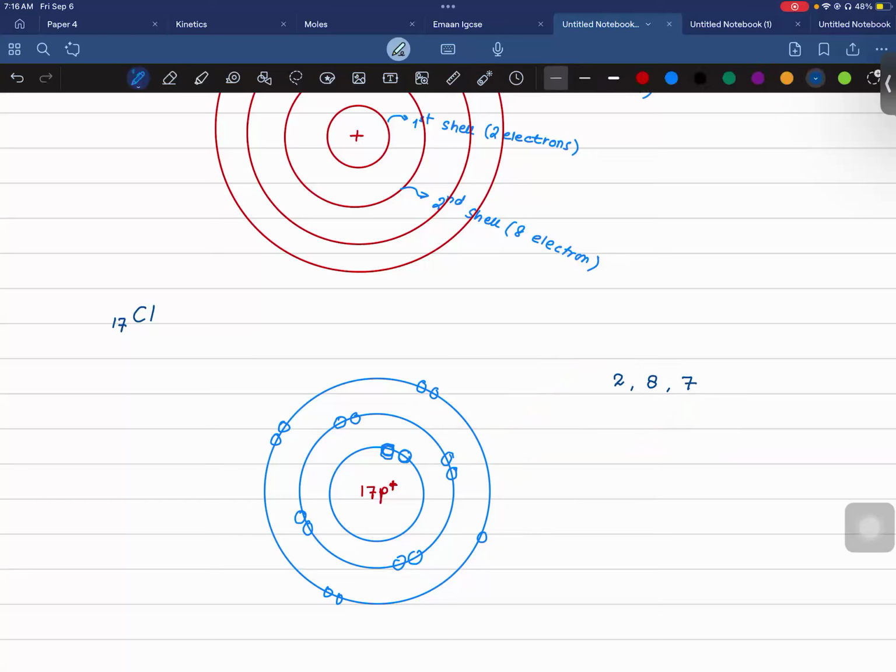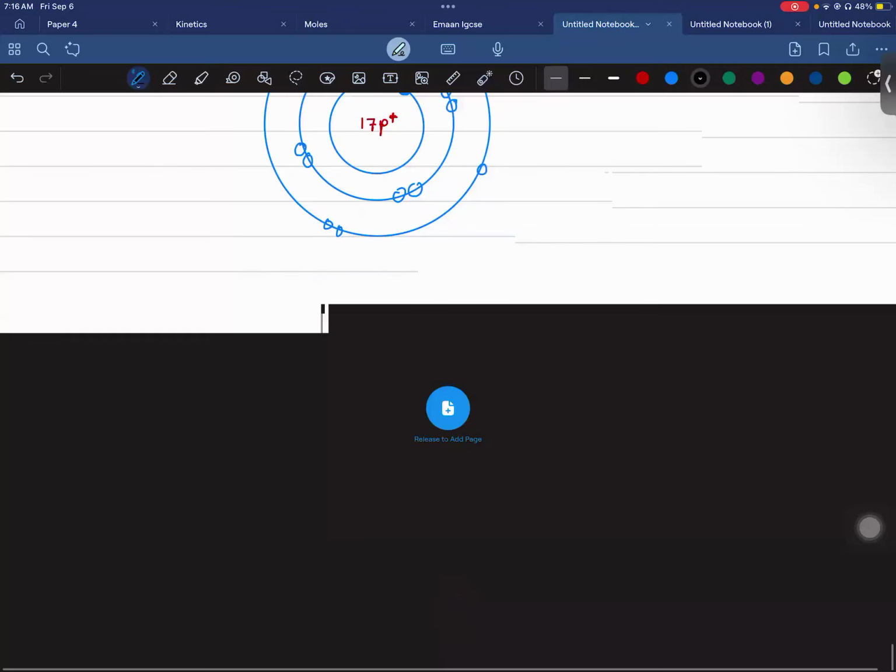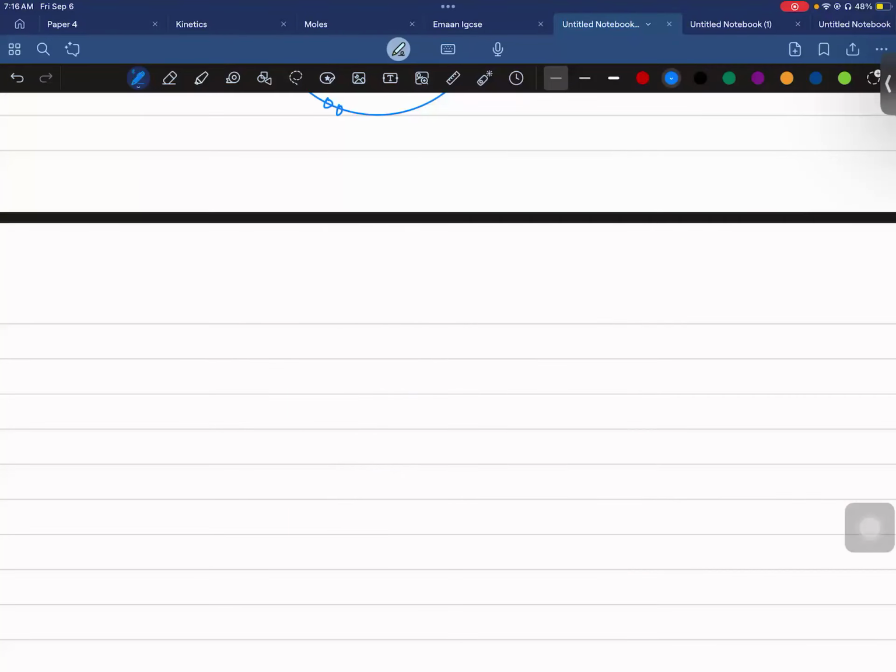So remember, you can find out the group number and the period number by just looking at the electronic configuration. Let's suppose I'm telling you that this is element X, whose proton number is 12.